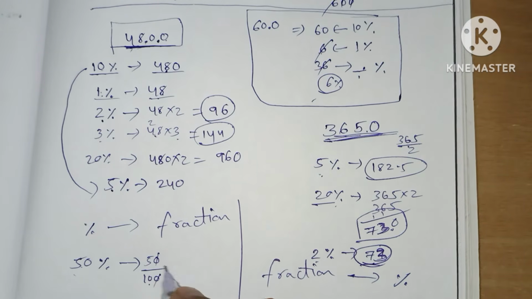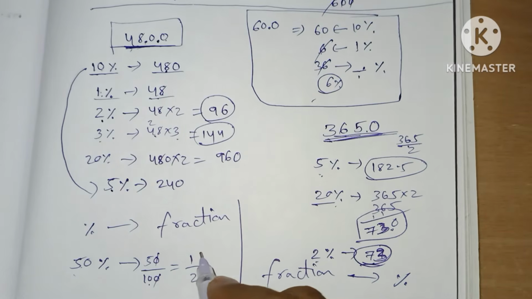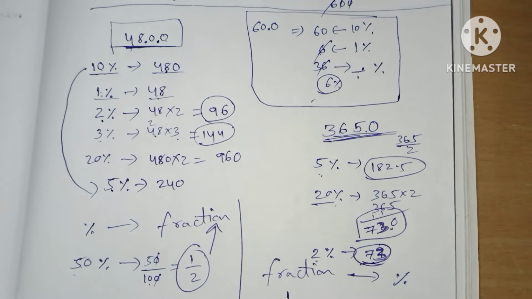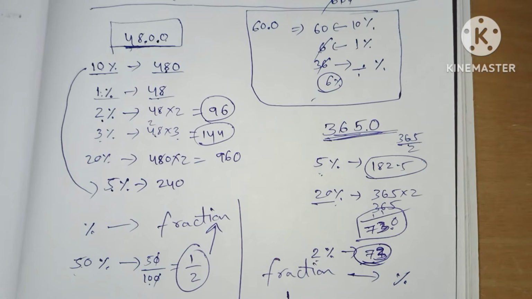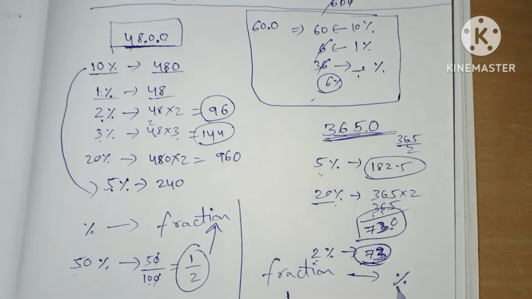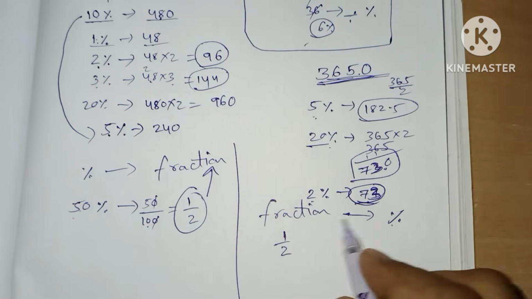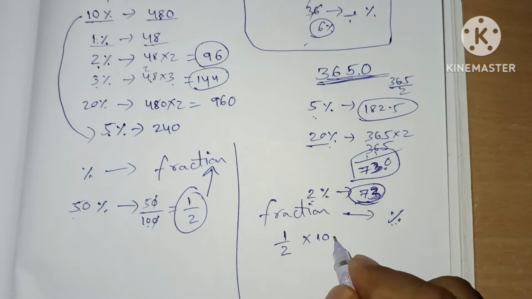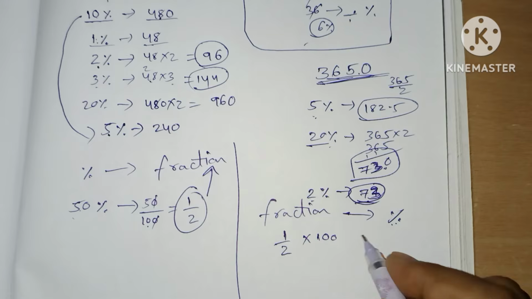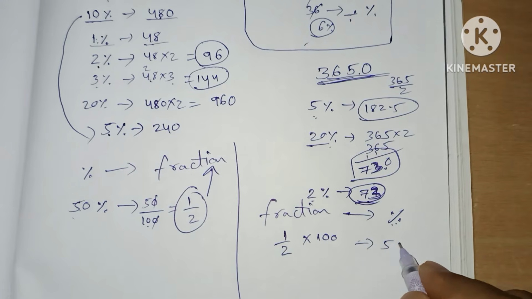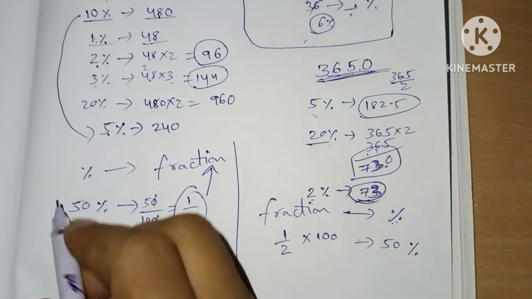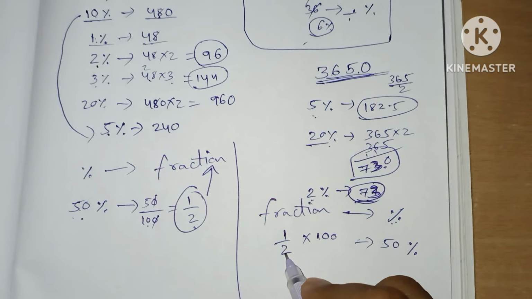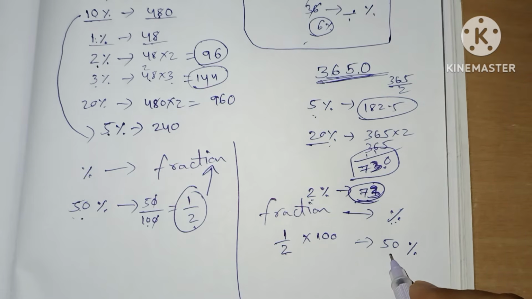We get 1 by 2. So we got a fraction. If we have a half fraction, we need to convert it into a percentage, which means we multiply with 100. We get 50%. So the half fraction value becomes 50%.